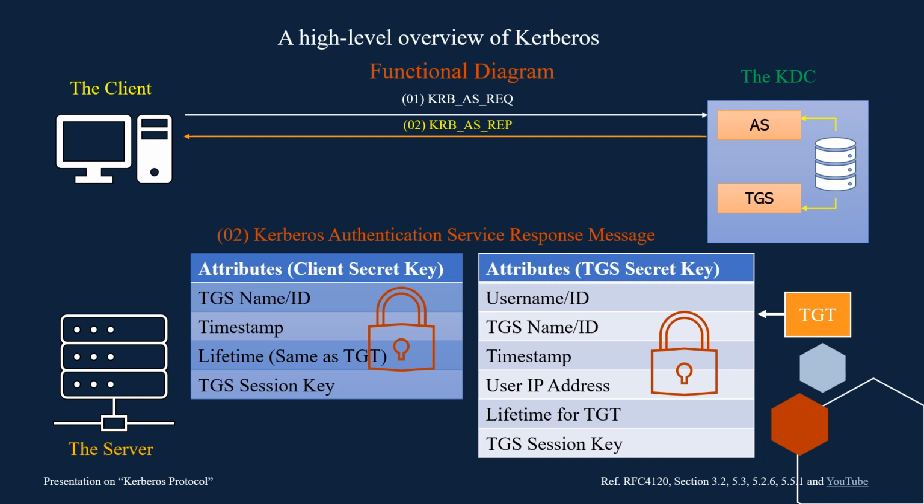Since it cannot decrypt the ticket granting ticket, it will send this ticket granting ticket to the TGS name that it obtained and generate some other message for sending to the TGS server.